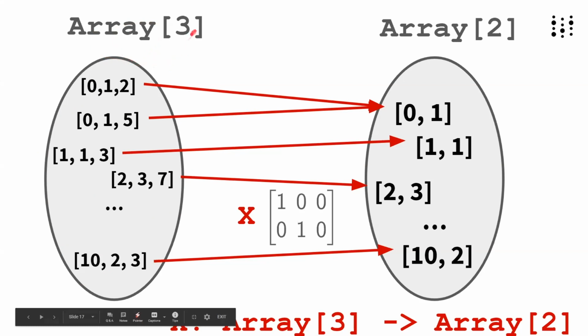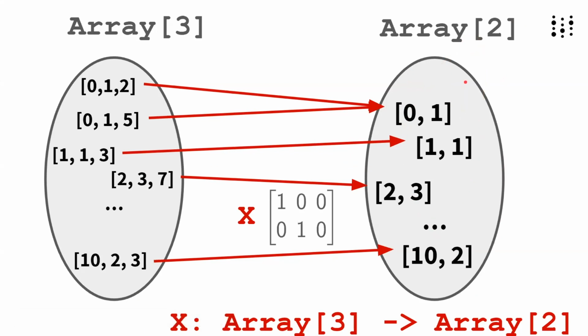It's every array with 3 entries in it on the left, and it outputs arrays with 2 entries in it. For this one, it just picks out the first 2 entries and throws out the third. So these 2 arrays get mapped to the same output, 0, 1. And these other arrays get mapped to 1, 1; 1, 1, 3 gets turned into 1, 1.